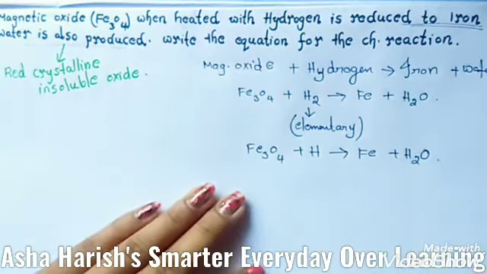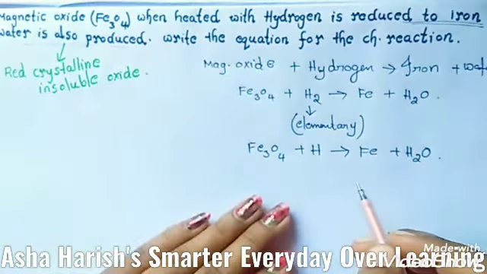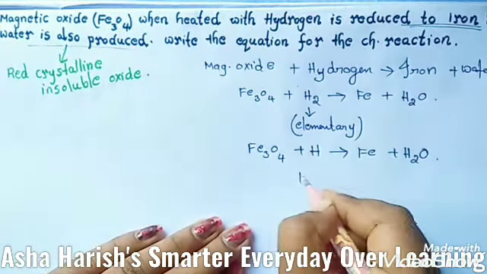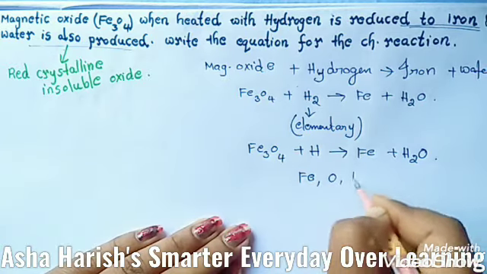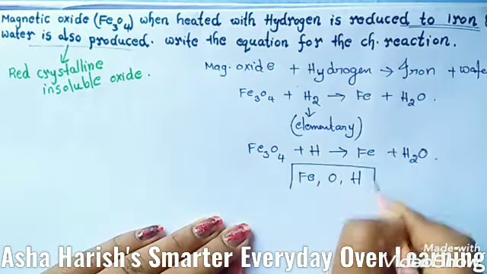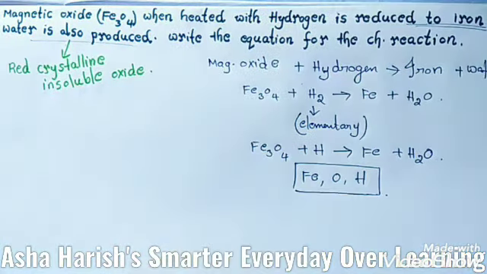Okay, now here the order of the selection of atoms for balancing: first of all, we need to balance iron, after that oxygen, after that hydrogen. This is the order of balancing this chemical equation.